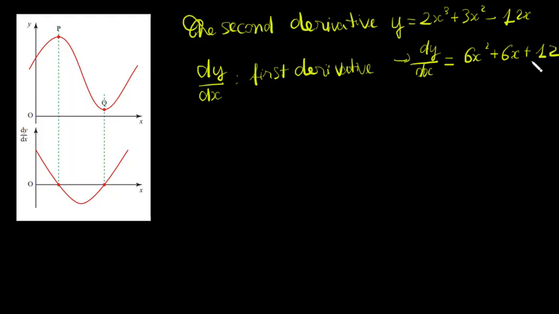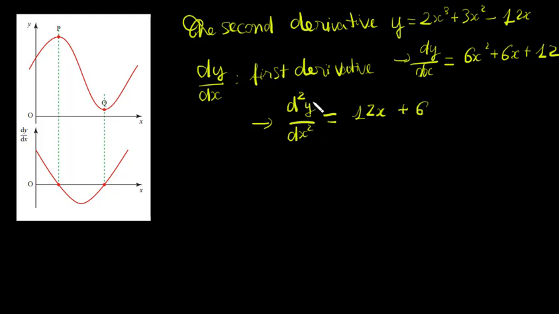And then I don't stop here. I differentiate this a second time. The notation for the second derivative is d squared y over dx squared, and differentiating this, I have 12x plus 6.